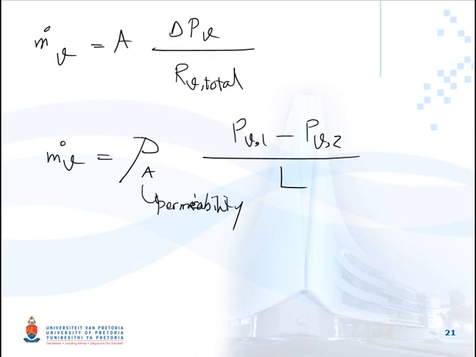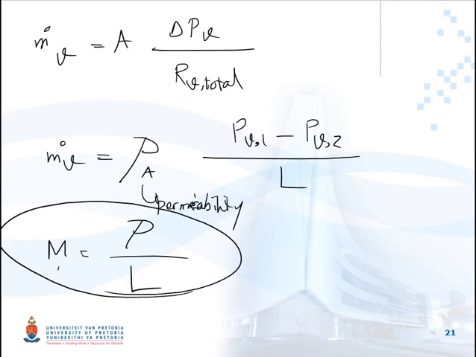Okay, we need to keep that in mind as well. So it's permeability divided by L. We call it permanence.